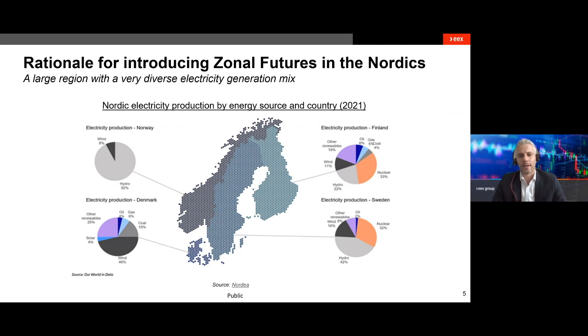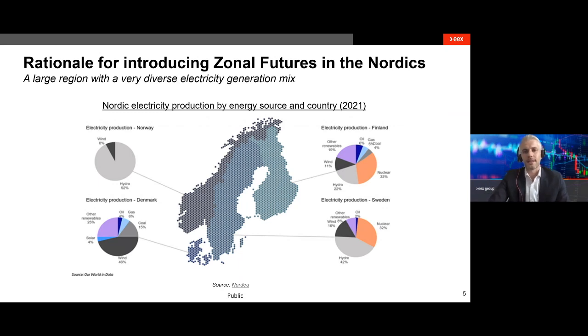And Sweden and Finland have a strong share of nuclear power generation. That has led to a decoupling of the respective bidding zones from the system price, which is the average price over all those four countries. Therefore, market participants came up with the idea of launching zonal futures.